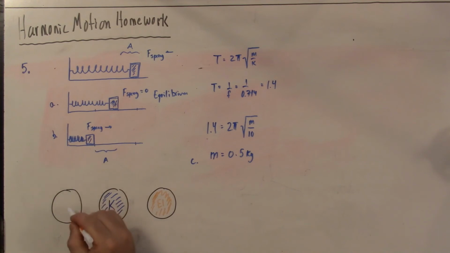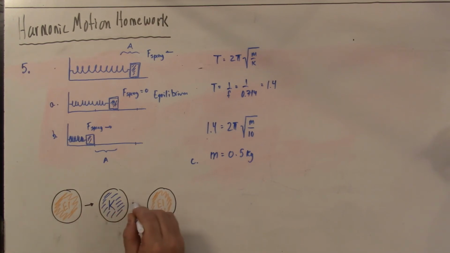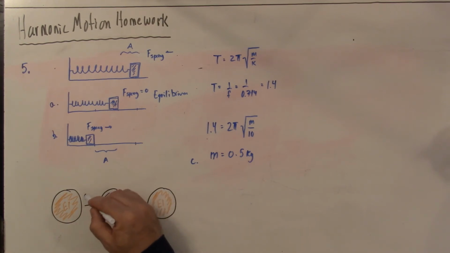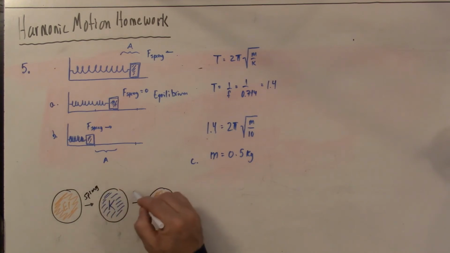And then what do we have here? It's back to all elastic energy because the spring is totally compressed this time. In between these, the only thing that's changing the way that the energy looks is a force by the spring. That was 5.